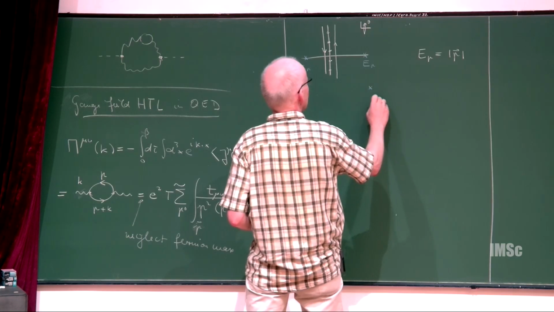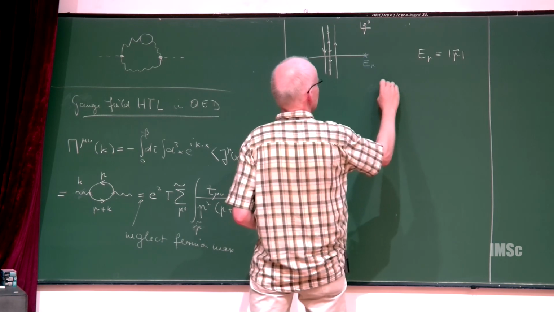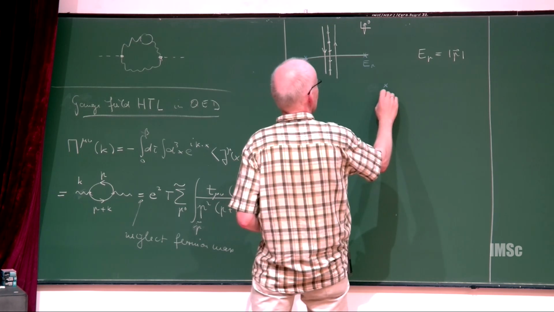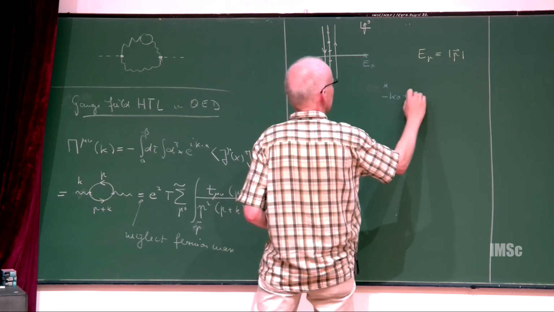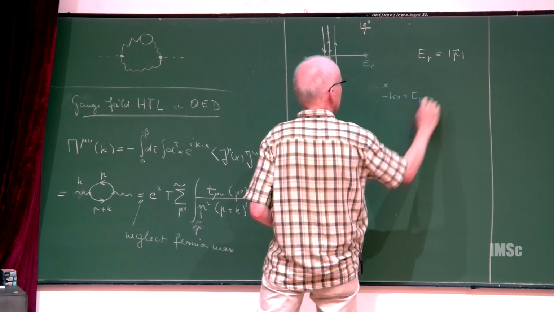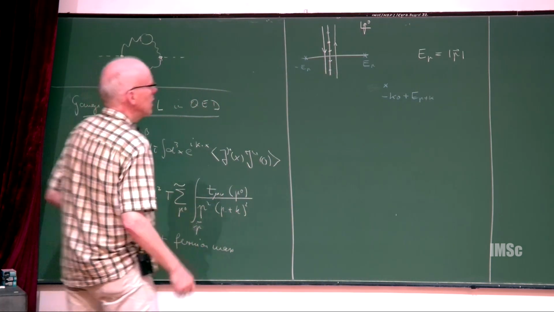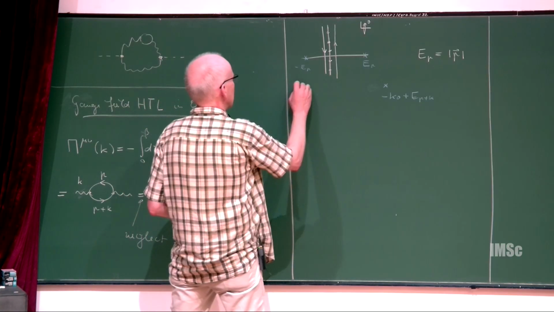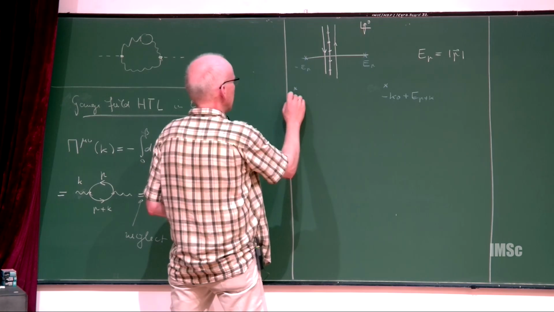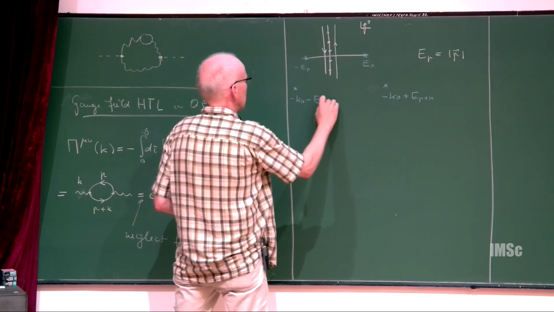This pole would be at minus k naught plus E_p plus k. This is one of the poles due to this denominator, and the other one is at minus k naught minus E_p plus k.